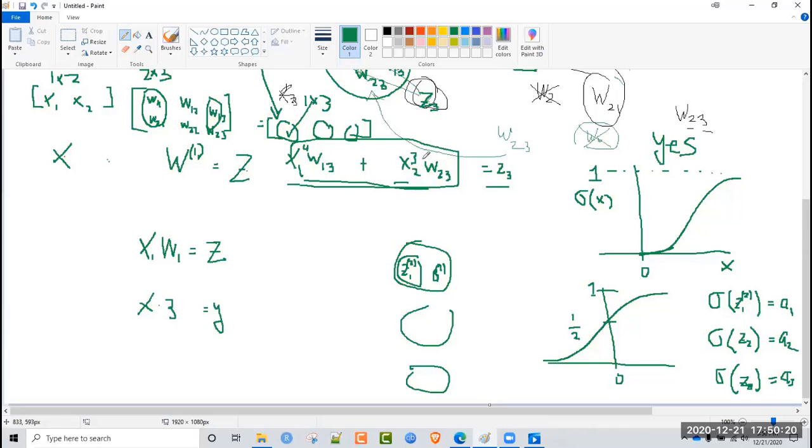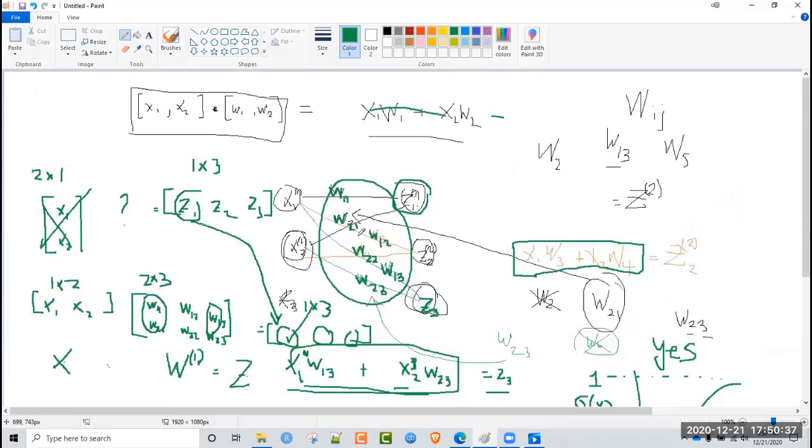There are no superscripts up here like that. This is still called linear. If you don't have anything up here and you don't have anything up here, it's still called linear. So this is obviously linear, and we don't want linear. We don't want this neural network calculation to be just linear.